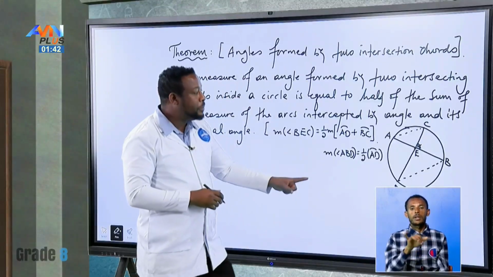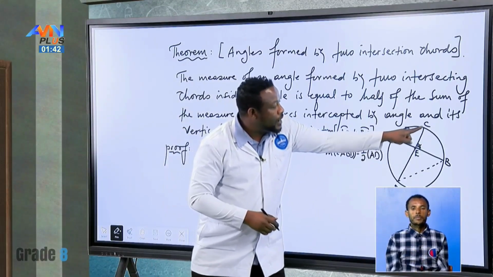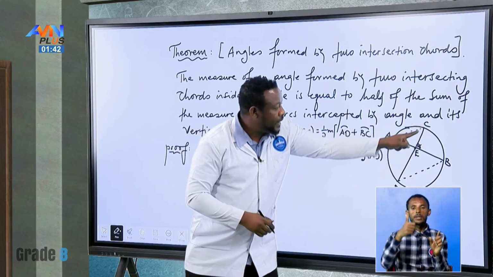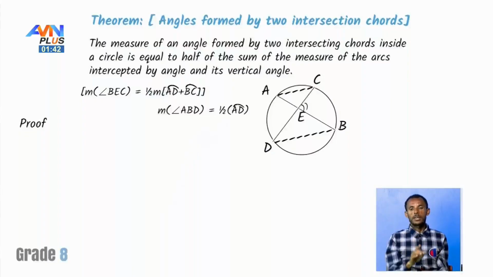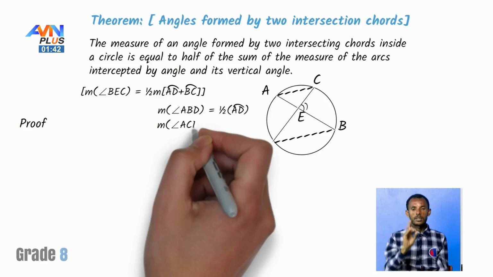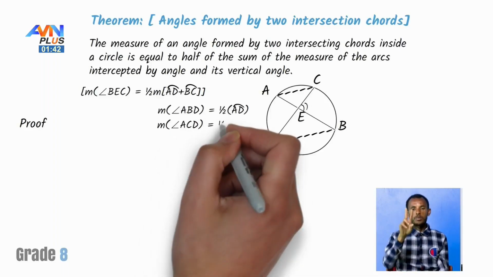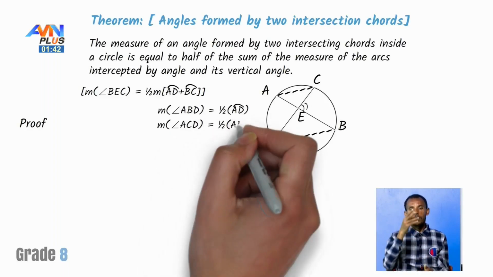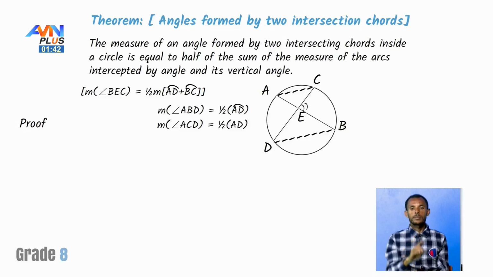Similarly, the measure of angle ACD is half of arc AD.